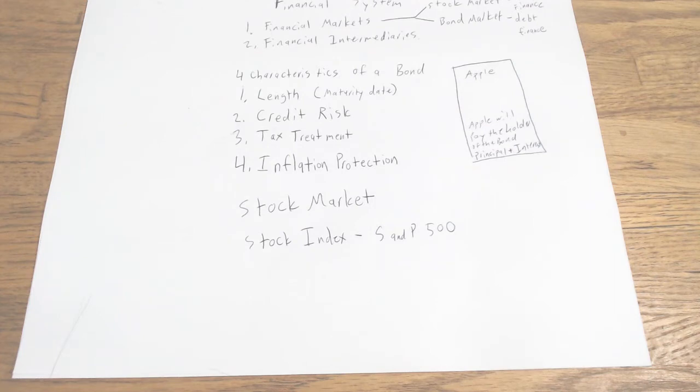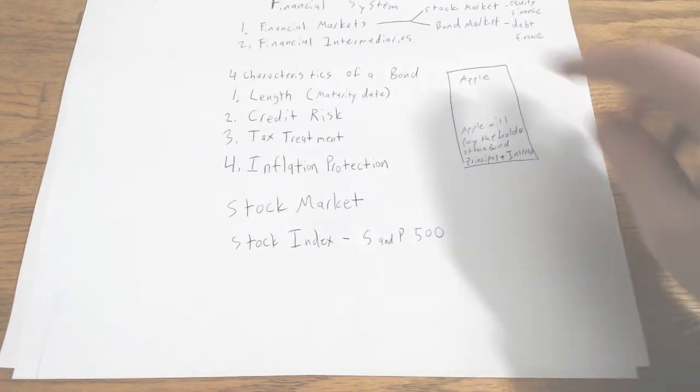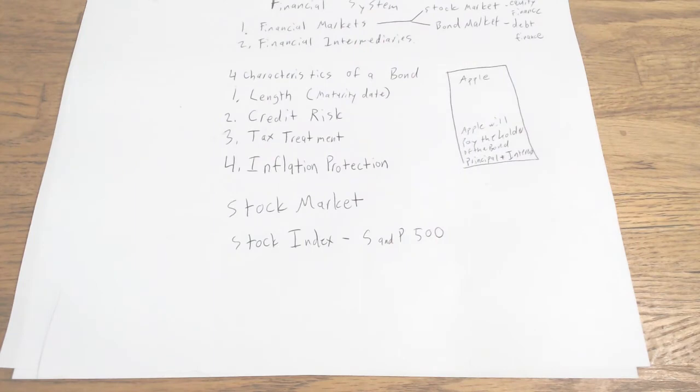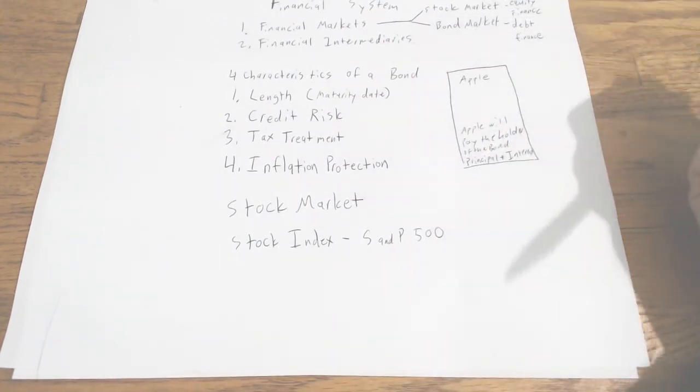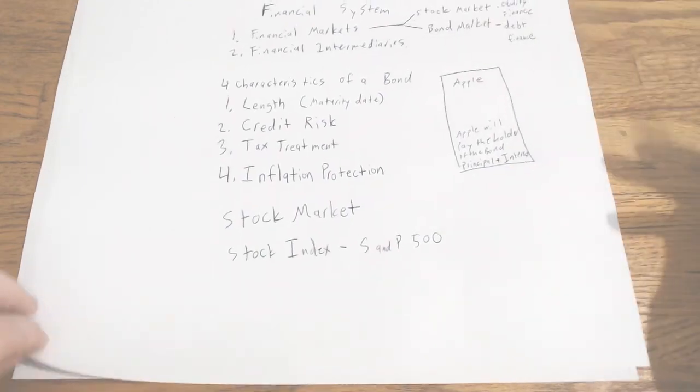Moving away from financial markets, we want to look at the second category, financial intermediaries. So we're going to cross off financial markets because we did the stock market and we did the bond market. Now we want to look at financial intermediaries.